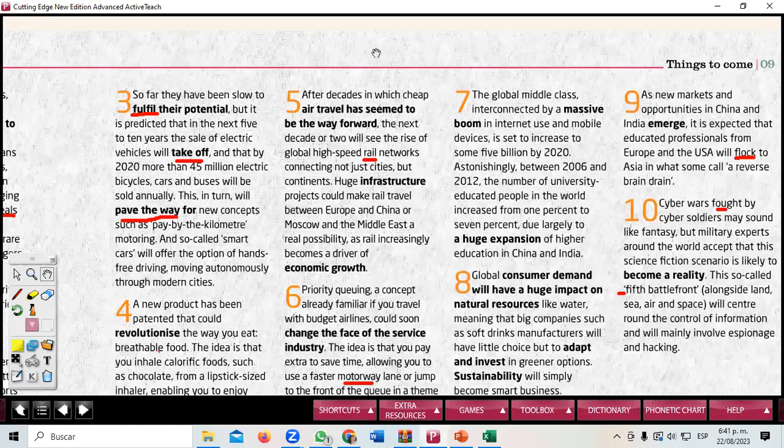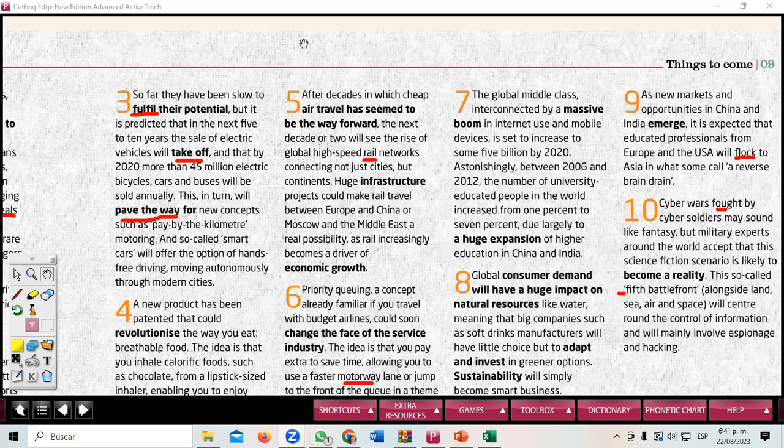Thank you. Number 5. Continue, Jean-Claude. Number 5. After decades in which cheap air travel has seemed to be the way forward, the next decade or two will see the rise of global high-speed rail networks connecting not just cities, but continents.